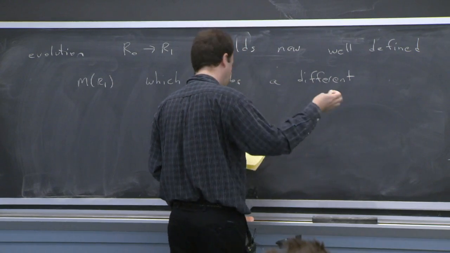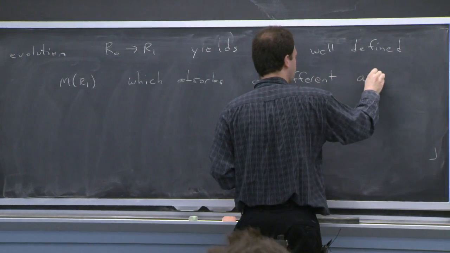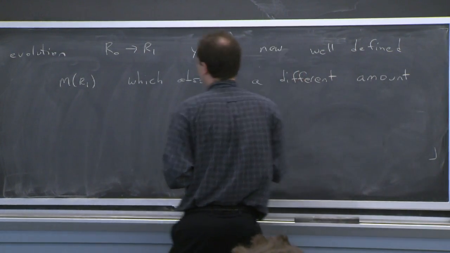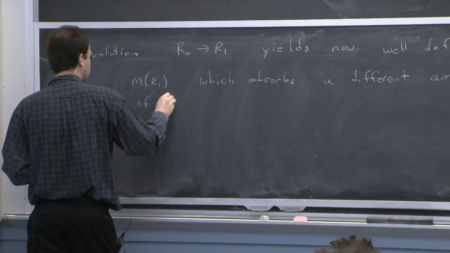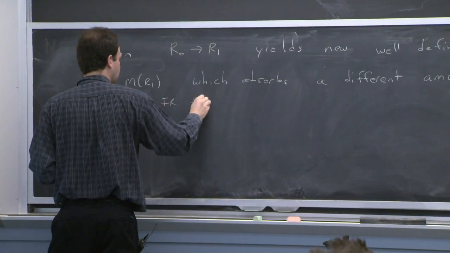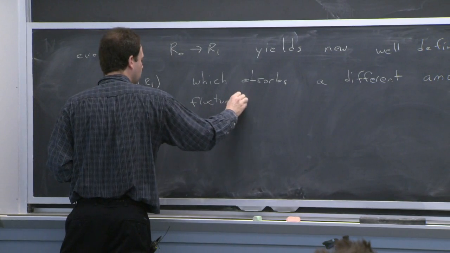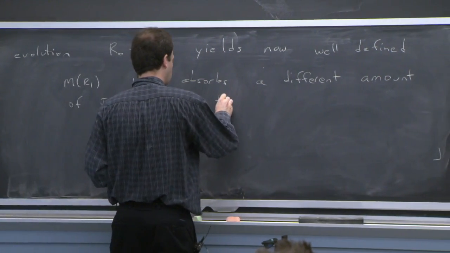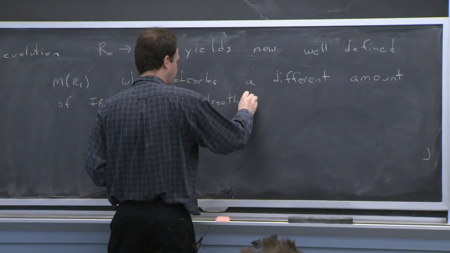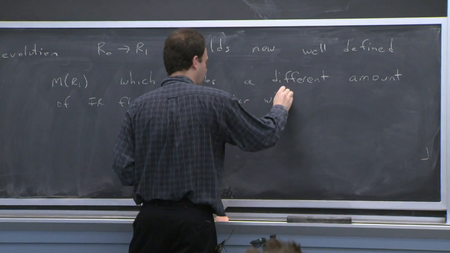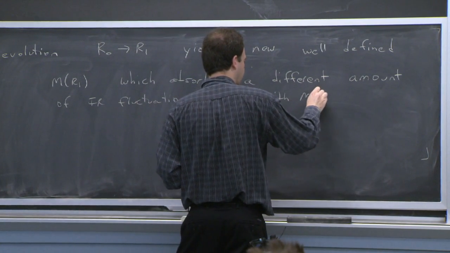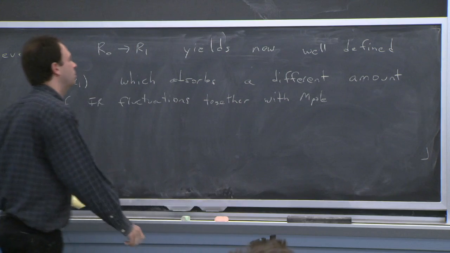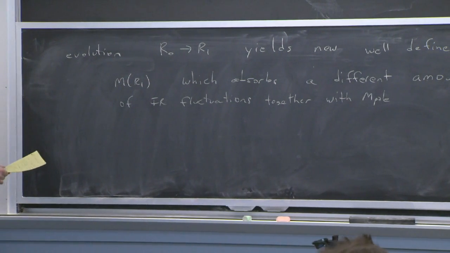A shell out to R1 instead of just out to R0, if you like. Absorbing those fluctuations together with M pole to get something well-defined, and how much you absorb is related to this cutoff. Okay?